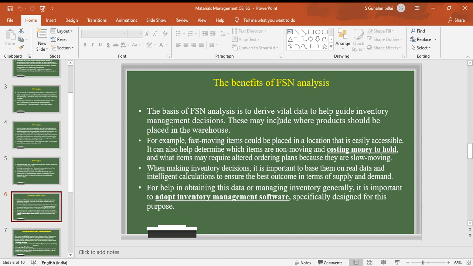And some items may require altered ordering plans because they are slow moving. So depending on fast moving, slow moving and non-moving, you can easily place orders and physically identify the products. So computerized systems and software solutions have to be applied 100% for the benefit.